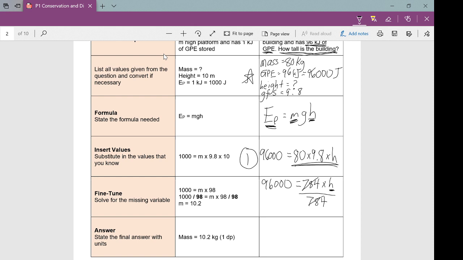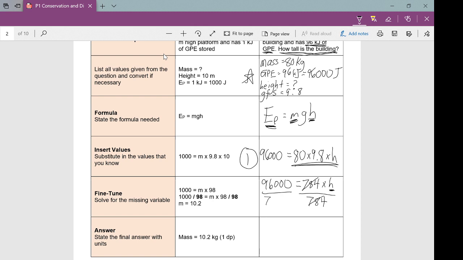But what do I have if I do something on one side? What's that rule again that you guys have learned in maths? I've divided by 784 on one side.